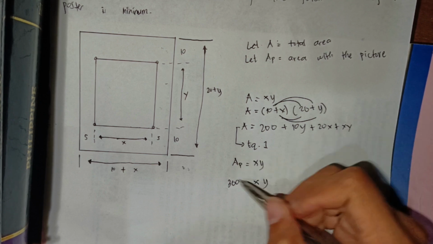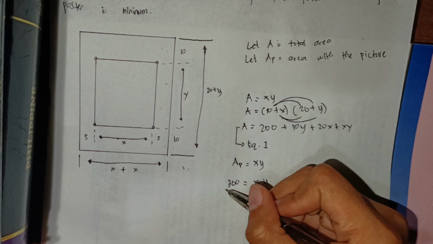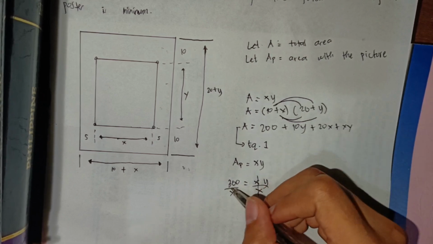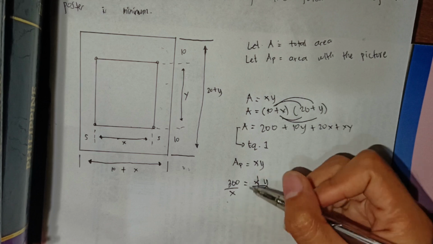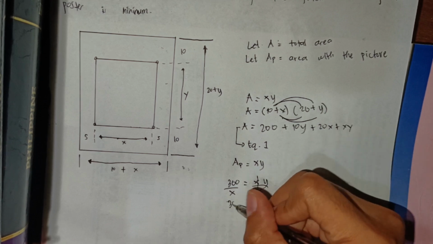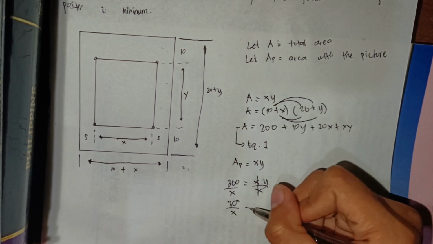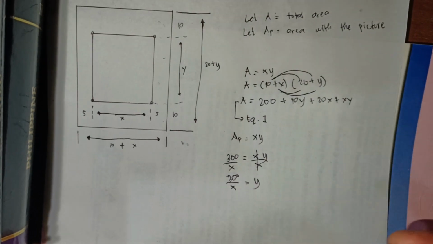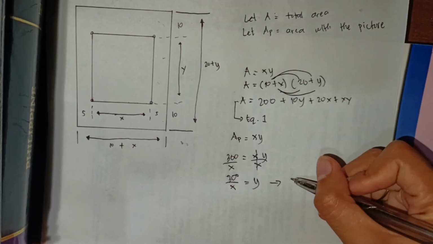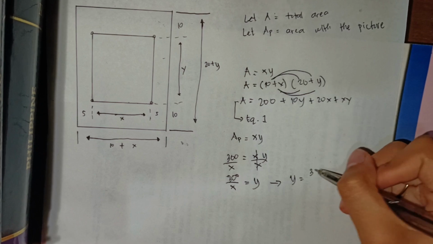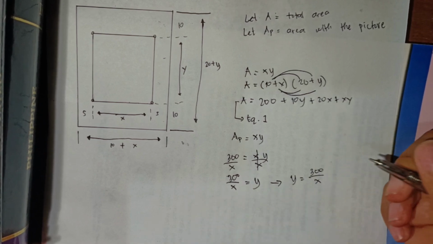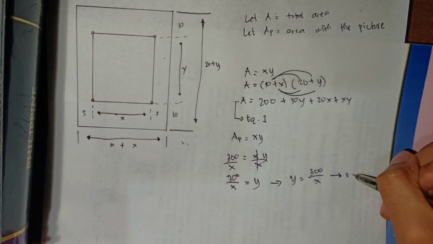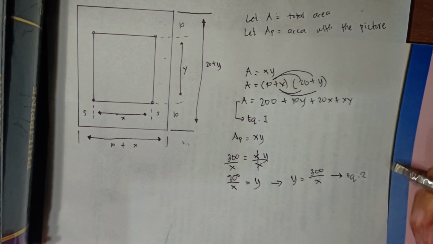Let's divide both sides by x. The x cancels out, so 300 over x equals y. To make it less complicated, let's rearrange. So y equals 300 over x, and this is equation number 2.